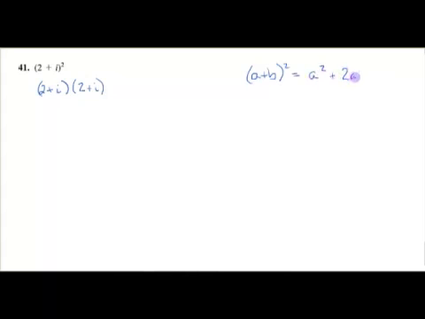Here I'm squaring a binomial, so you can write this out as 2 plus i times 2 plus i, or you can remember the formula a plus b squared is a squared plus 2ab plus b squared.